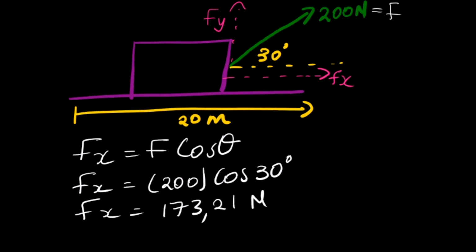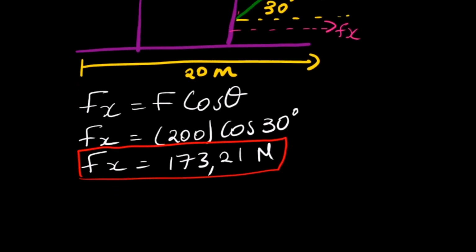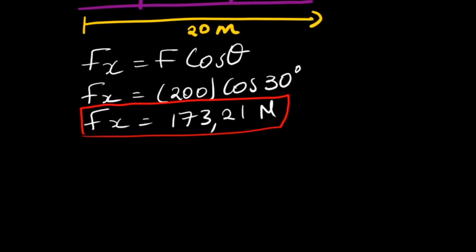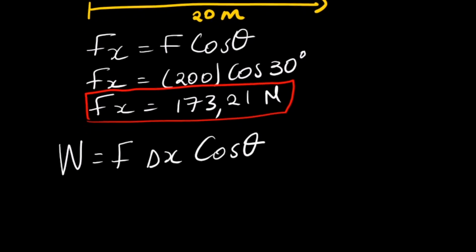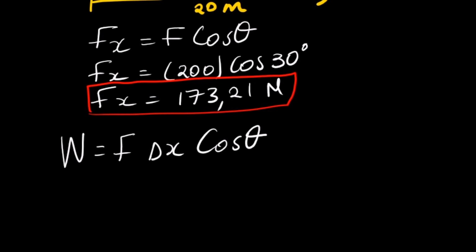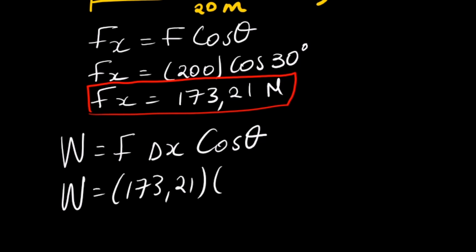This is the force that you are going to use to calculate the work done. Now we can go to our equation. Instead of 200, we put 173,21. Our displacement is 20.